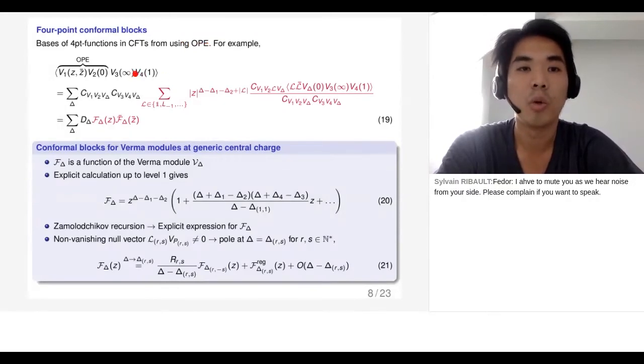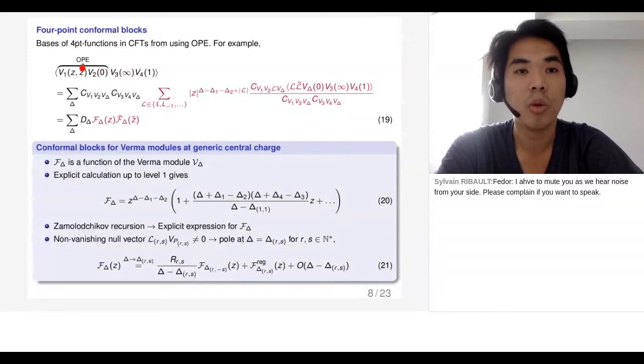So we start with this 4-point function in which all the fields here are primary. And then we use the global conformal symmetries to fix 3 of the 4 points here, as we shall always do.